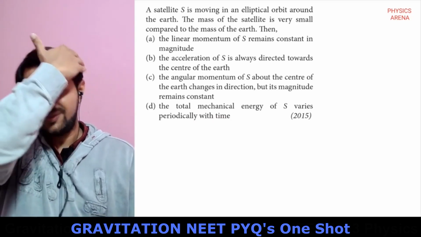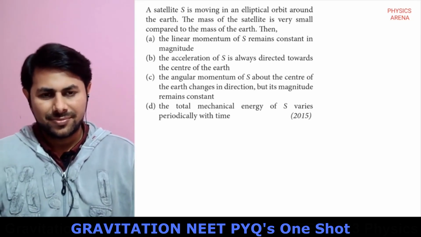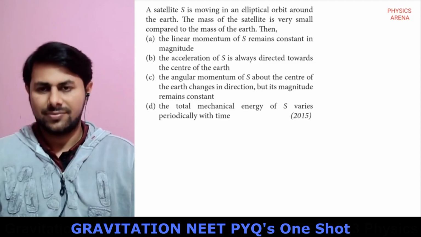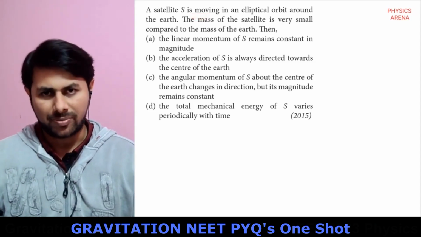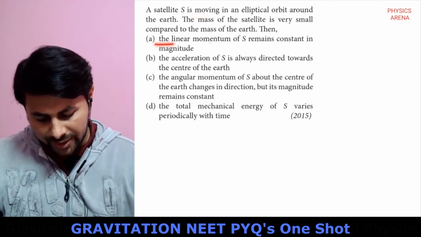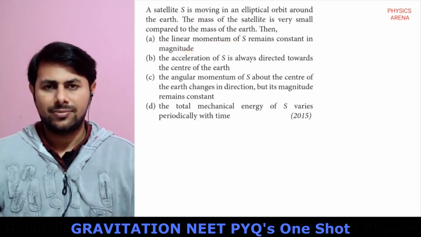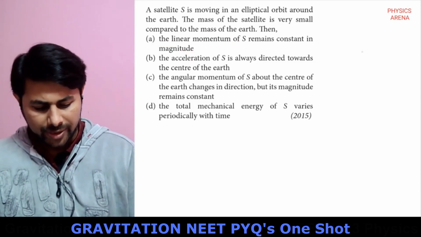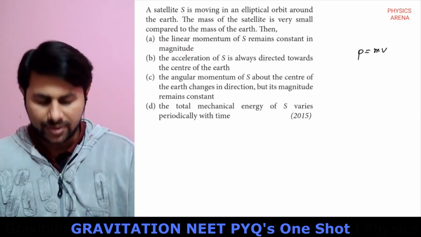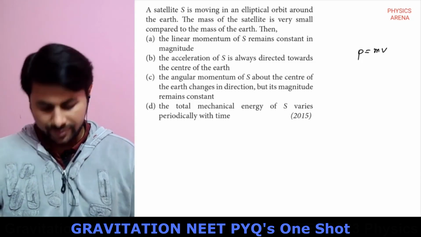This is simple. There is a satellite S which is moving in an elliptical orbit. So does the linear momentum of S remain constant in magnitude? Linear momentum is mass times velocity. No, because velocity changes.